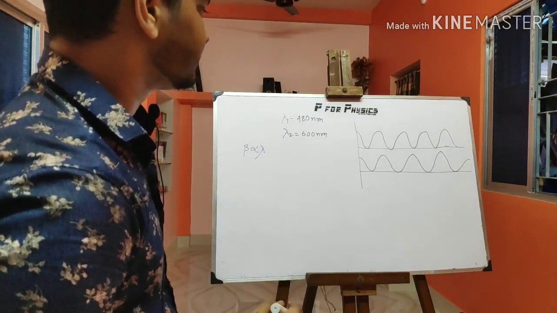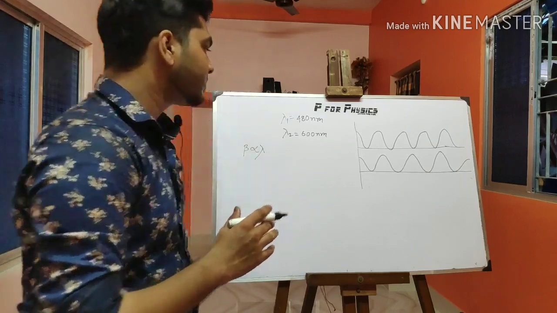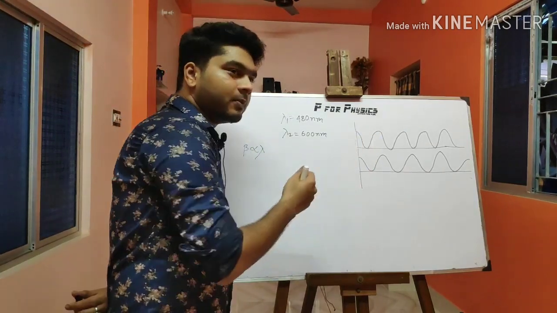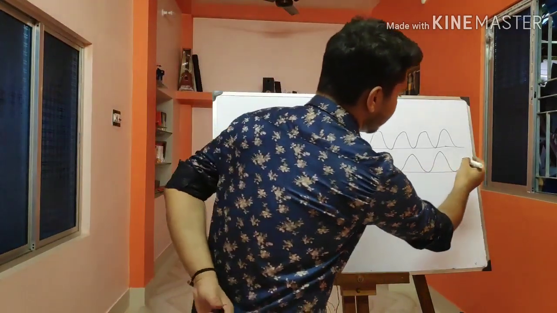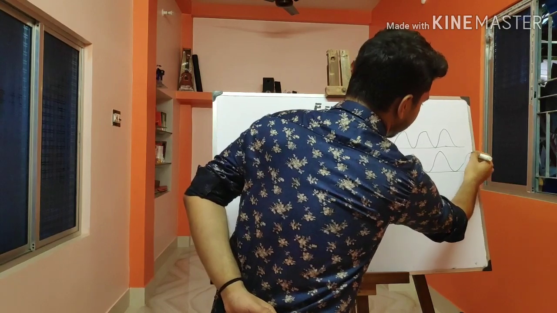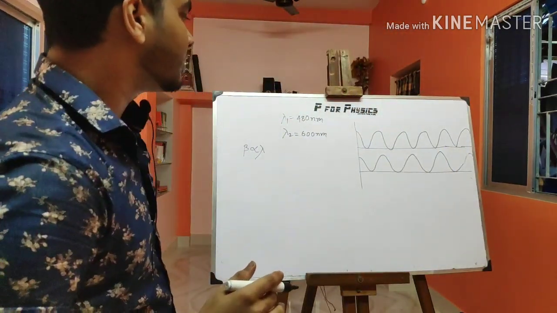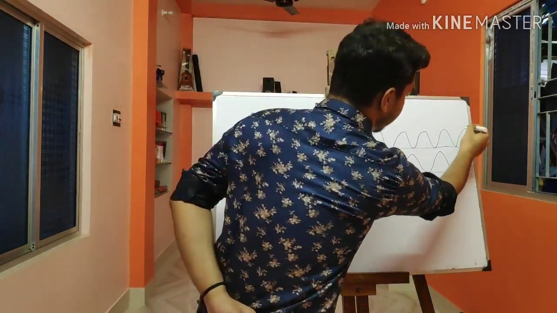Okay, so this is the picture. As you can see, in this one the fringes are a little less wide, and in this case the fringes are a little wider. So let's look at where the fringes actually coincide here.